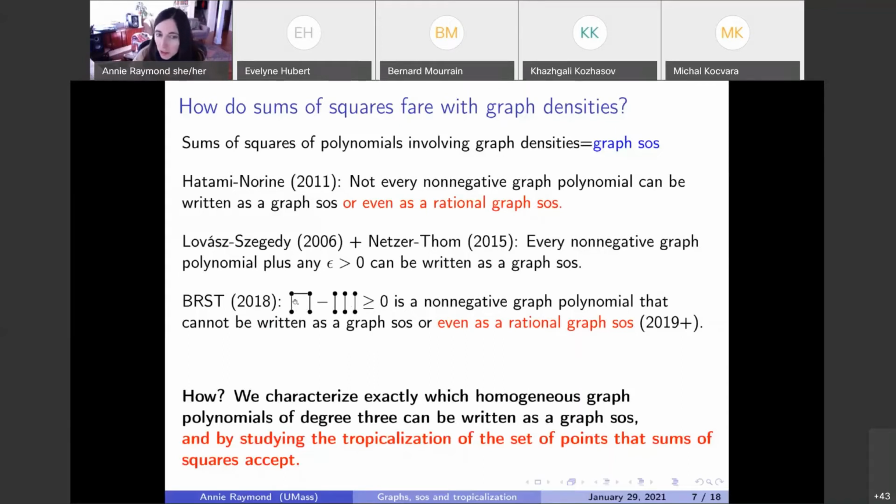So the rationality of the coefficient does not matter so much there. Here it can be any real coefficient in front of it, and I still won't be able to do it. Does that answer your question, Dana?